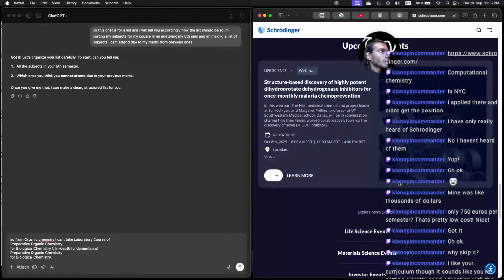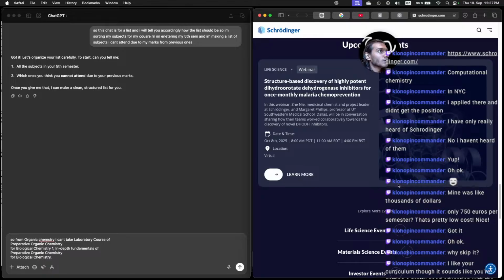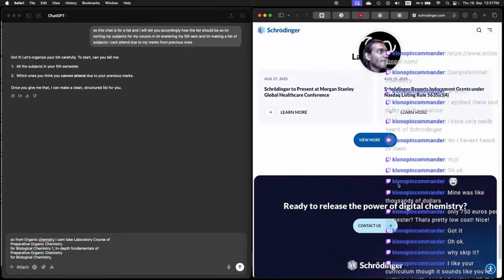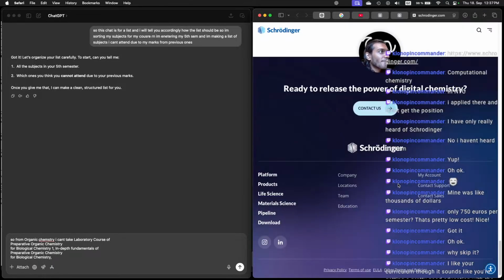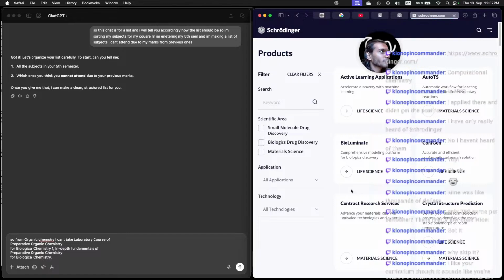Structure-based discovery of highly potent dihydroorotate dehydrogenase inhibitors for once-monthly malaria chemoprevention. Okay. Products? They do have products?